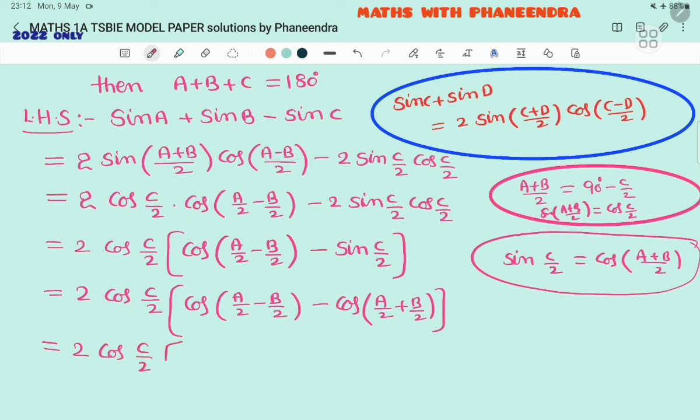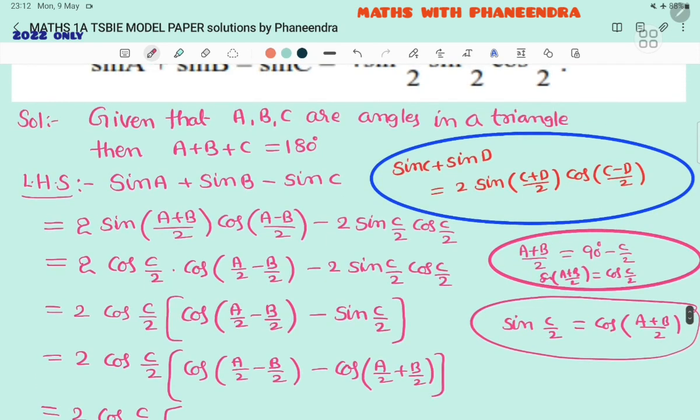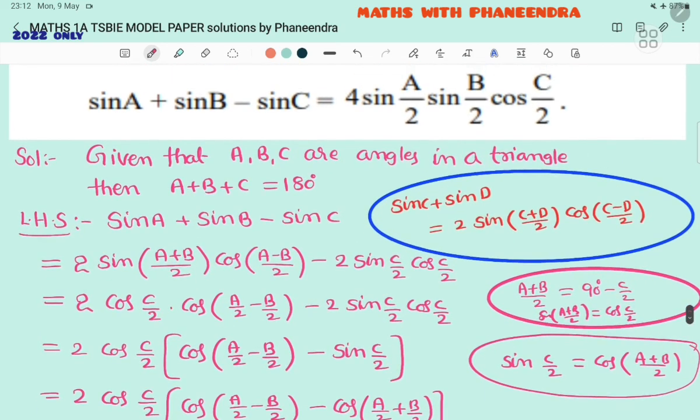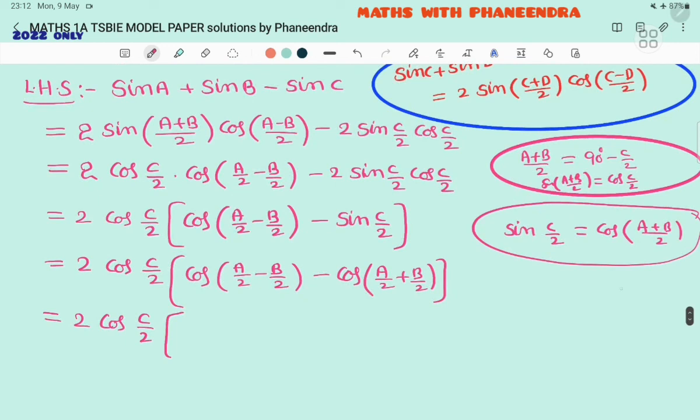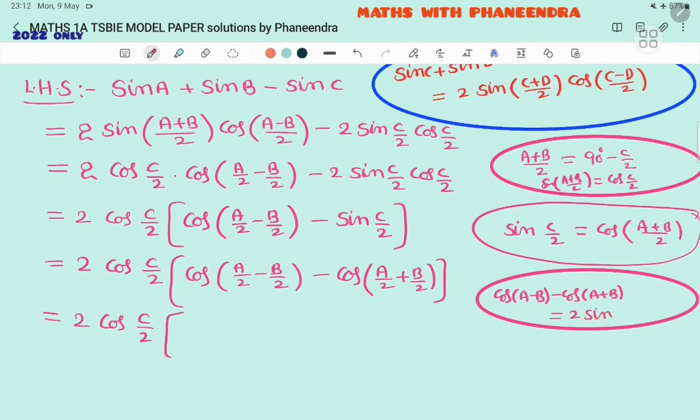2 cos c by 2 into here cos of (a minus b) minus cos of (a plus b), the 2 cos a cos b formula. Sorry, 2 cos c by 2 into cos of (a minus b) minus cos of (a plus b). They are asking to prove the result. 2 sin a sin b will come, even that also I will write it. Cos of (a minus b) minus cos of (a plus b) is equal to 2 sin a sin b.